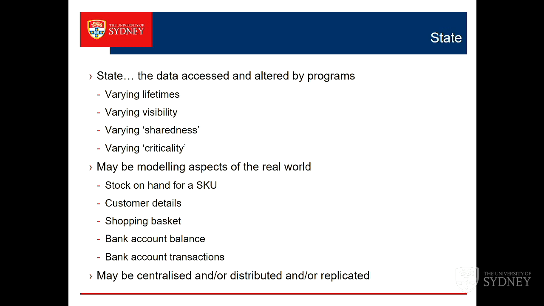What's the impact if this piece of data gets lost, corrupted, forgotten about? Some data, oh well, it doesn't matter. We can recreate it. Someone will enter it again. Other bits of data, our company goes bankrupt if we lose it.